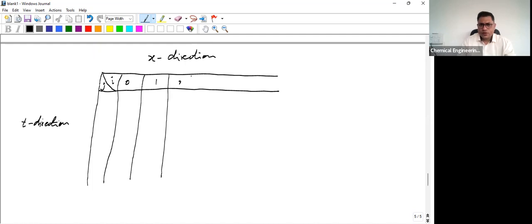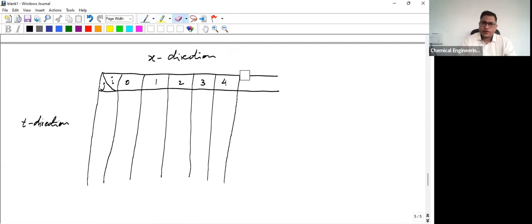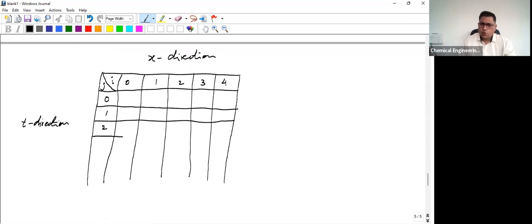So the values of i are 0, 1, 2, 3, and 4. These are the values we have. Now for j, we have 0, 1, 2, 3, 4, and 5.